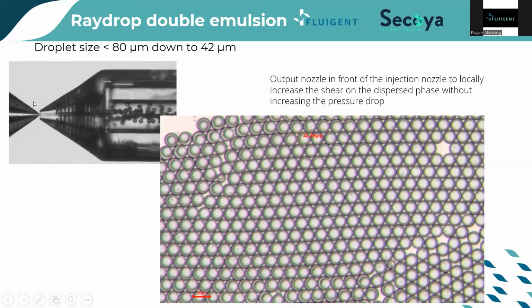Using this geometry, and by playing with the flow rate, of course, we are able to really decrease drastically the double emulsion size. So we were able to generate double emulsions around 40 microns. This is something that I wanted to also show, because we have worked on it, and we are still working to improve it, to decrease the size again, to go down to 40, for example, double emulsion.